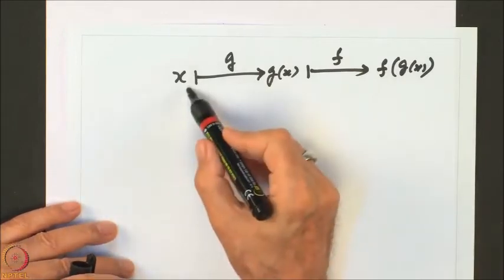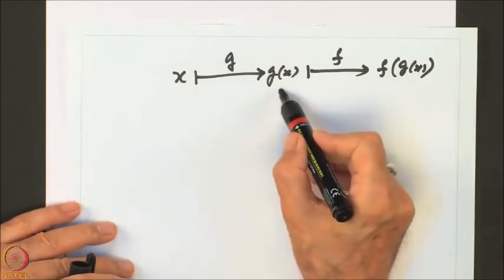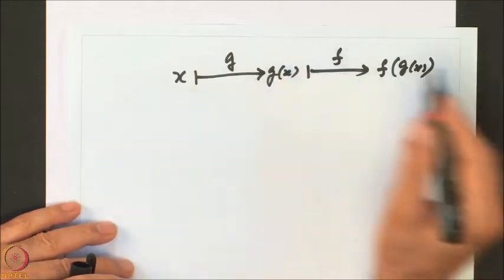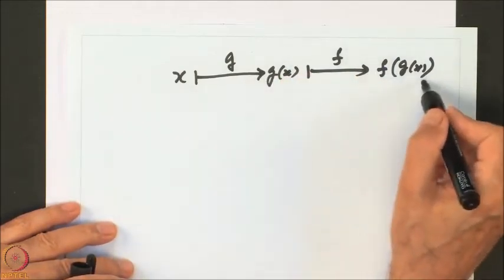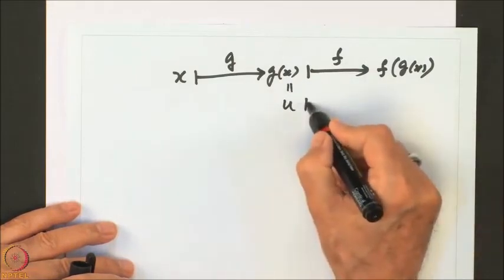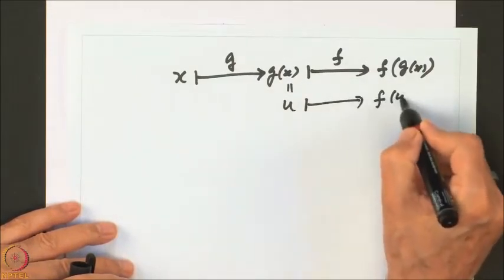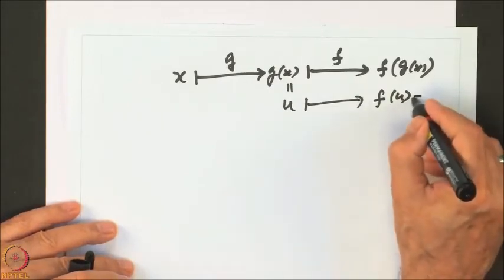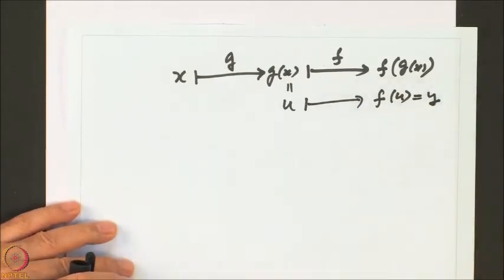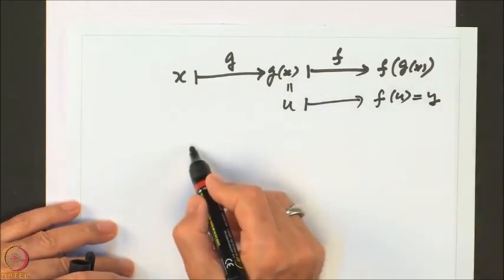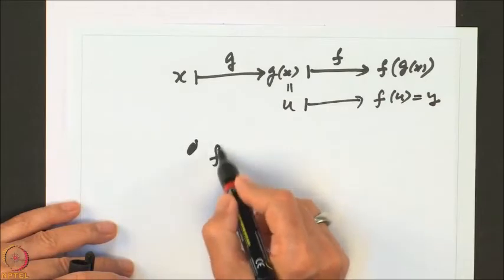So x goes to g of x and f takes g of x to f of g of x. So you can call this u. So u goes to f of u. So you can call this your y. Y is f of u, and u is g of x. So you want to calculate f'(u).